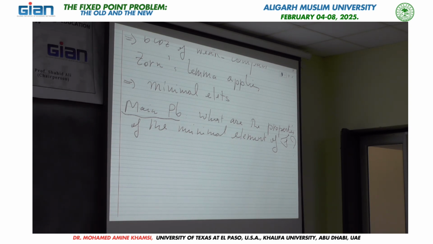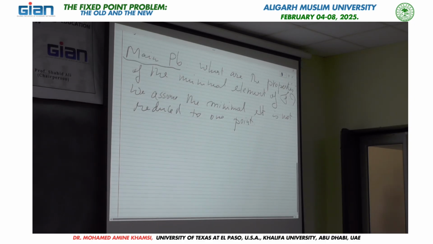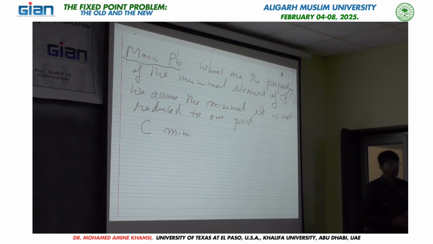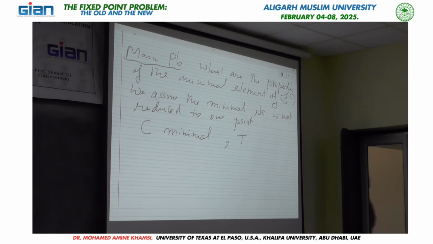So here, we assume the minimal element is not reduced to one point, because otherwise there is nothing to prove. Okay? So we have C minimal, T from C to C. Minimal.